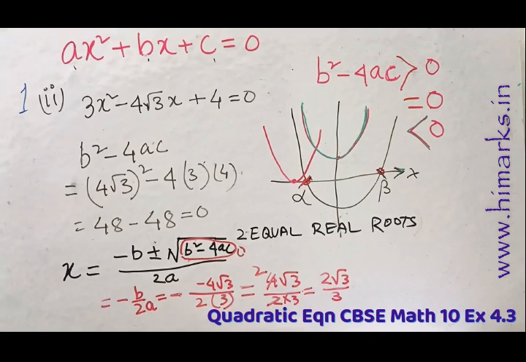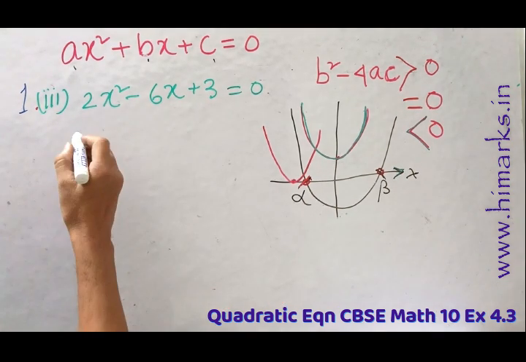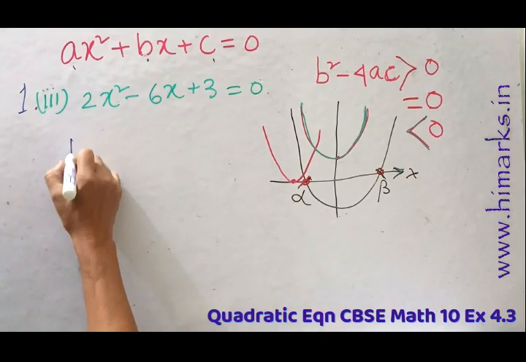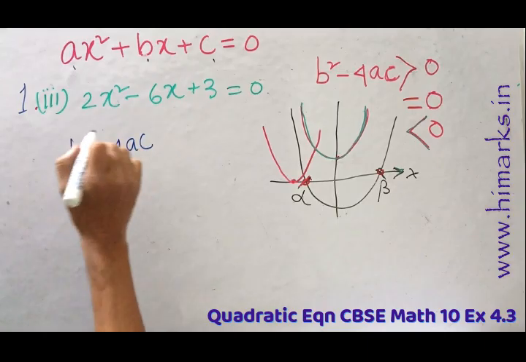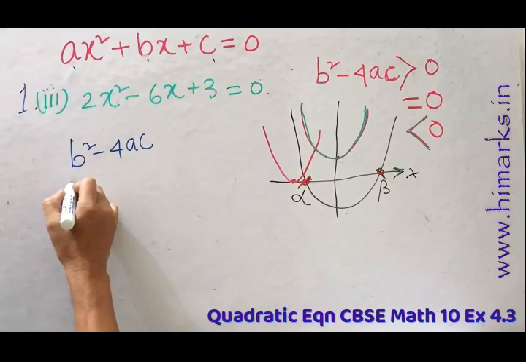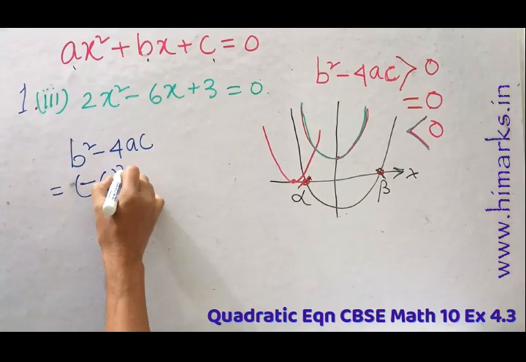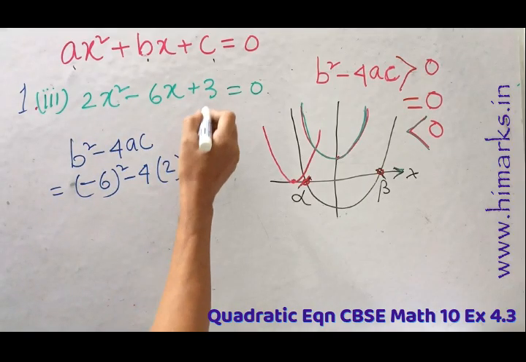Okay, so this is the second one. Here the equation is given: 2x square minus 6x plus 3. So we will find the discriminant, b square minus 4ac. b is minus 6, so minus 6 square minus 4, a is 2 and c is 3.